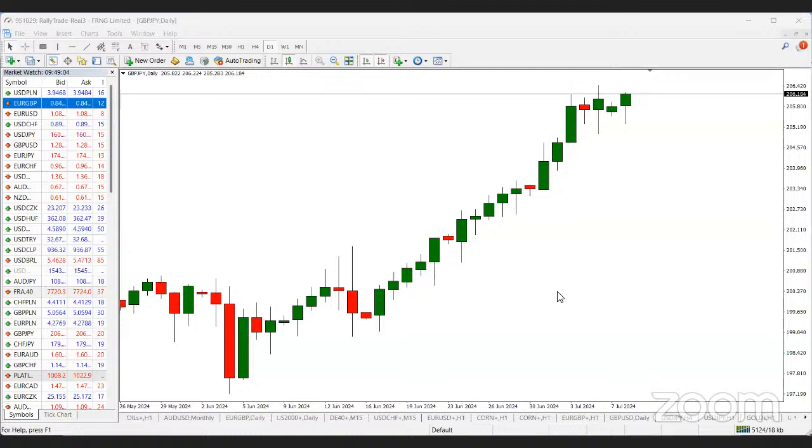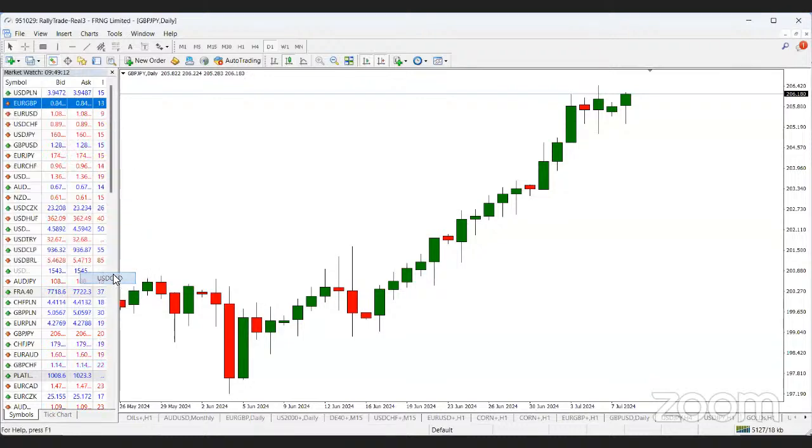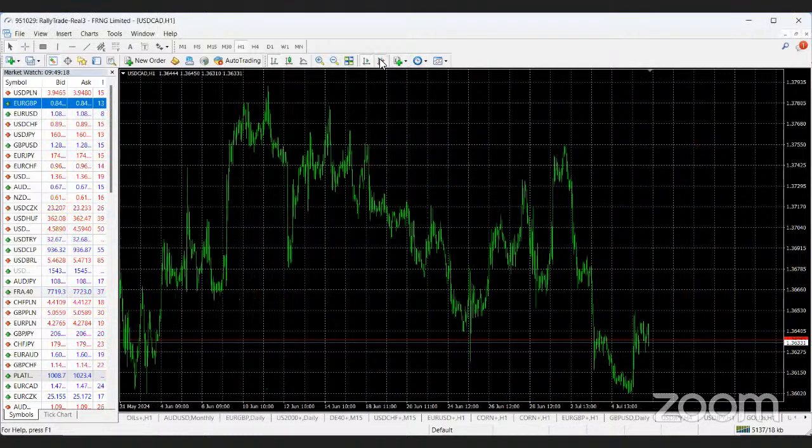Analysis on USD CAD. Let's look at USD CAD, the Canadian dollar. For USD CAD, we see a little bit of stability. The price dropped already.